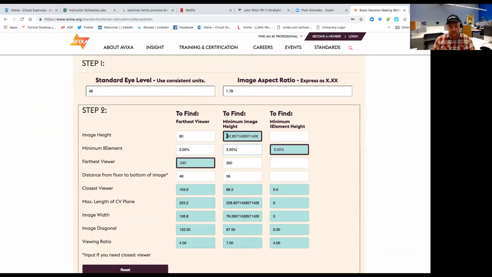They are different element heights. So one has like a 10%, one has a 5%, one has a 3%, one has a 2%. And you can put this up there and tell your client, okay, I want you to read from the top to the bottom and tell me when your eyes start to hurt.